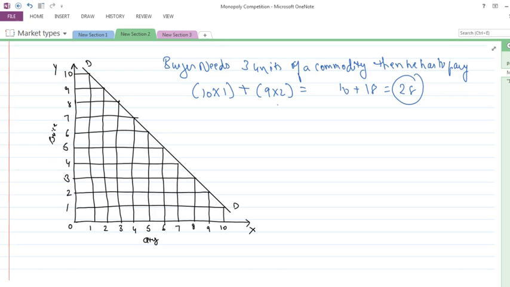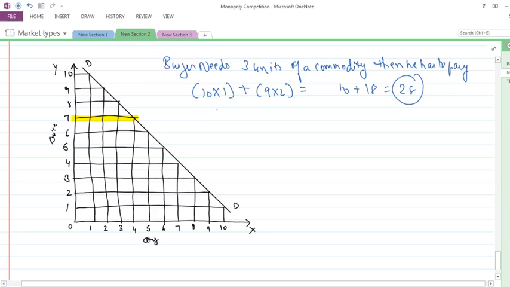What he does in this case is that under a simple monopoly, if the seller fixes the price at 7 rupees, okay, let's assume that the price decided by the monopolist is 7 rupees, because he has the right to sell the products at whatever price he deems fit. So he wants to sell the commodities at 7 rupees.